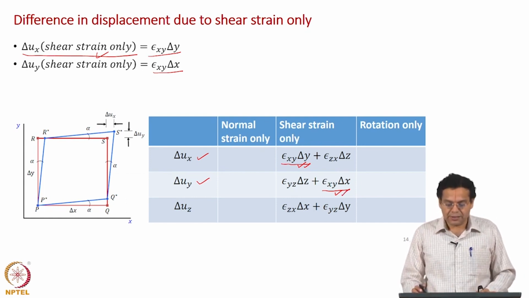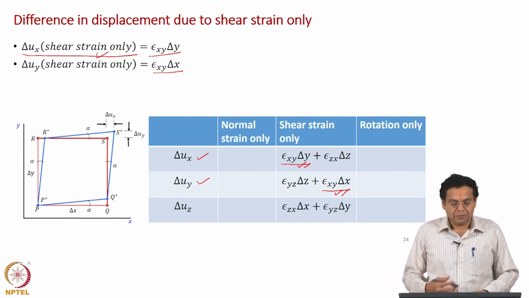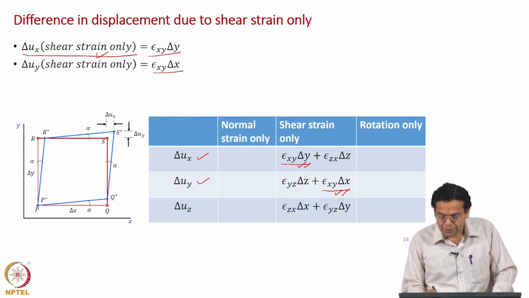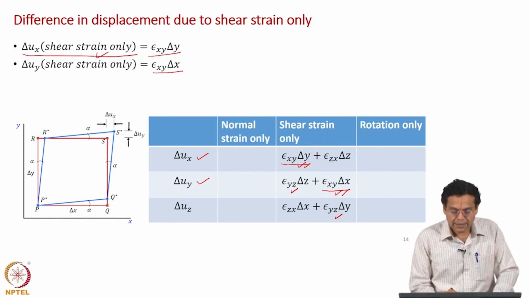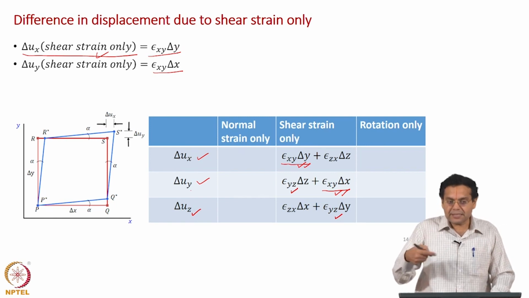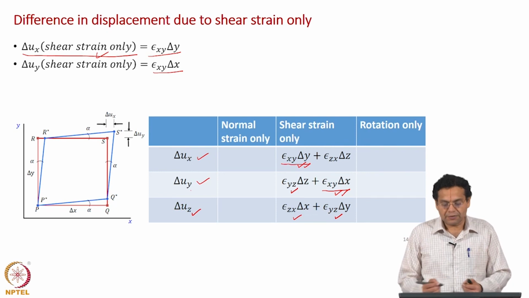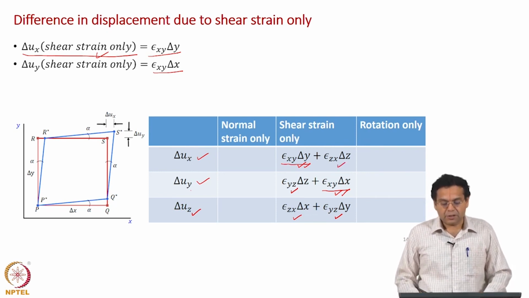If you understood this very clearly, extend to other pairs of directions. For example, if you consider the y and z axes, what will happen? You will have one entry here, another entry here. So, it will contribute to displacement along the y direction and z direction. Now, consider strain in the zx plane, what will happen? You will get one component of difference in displacement along the z axis and another contribution along the x for the x displacement.